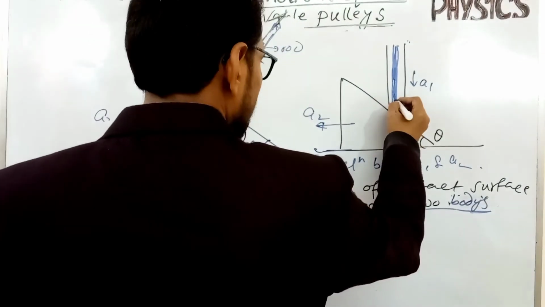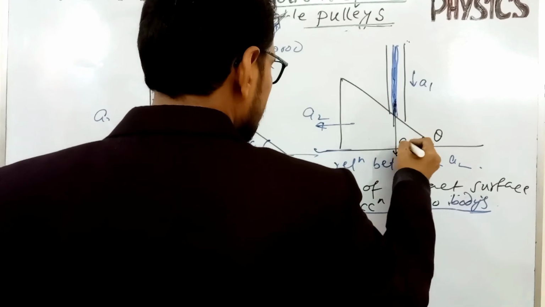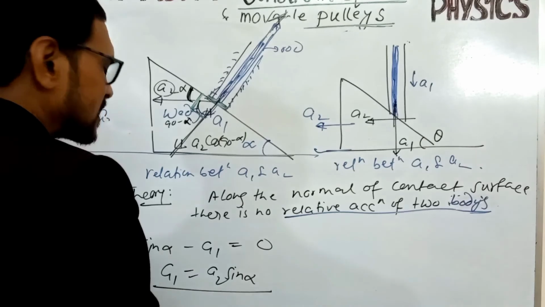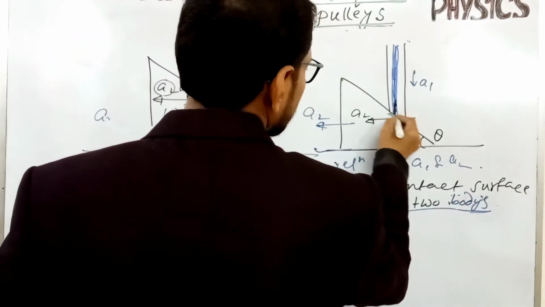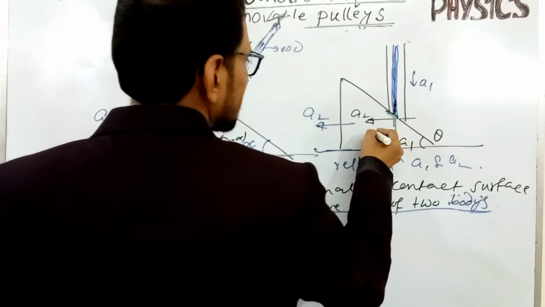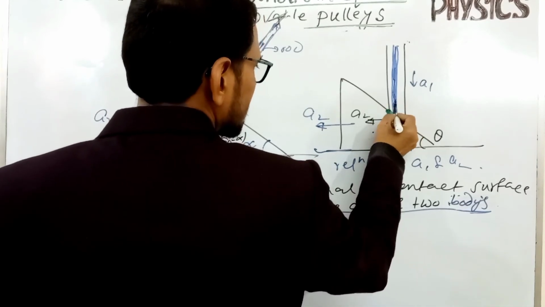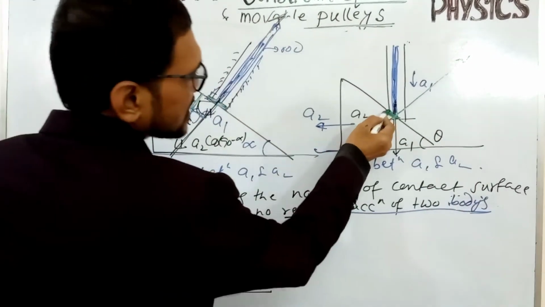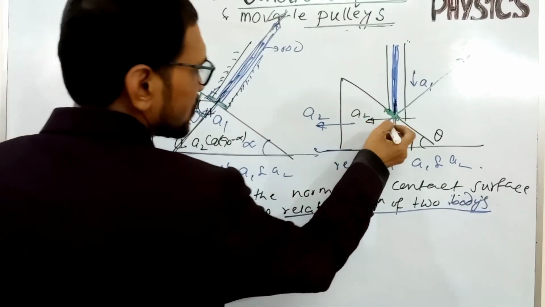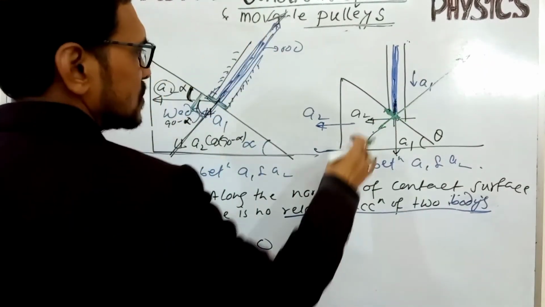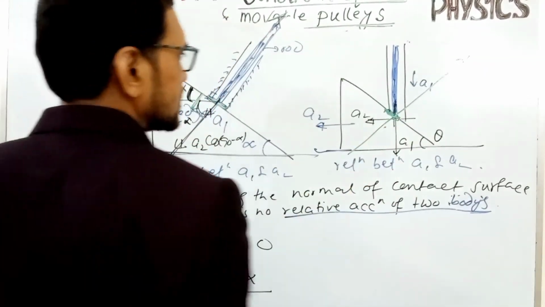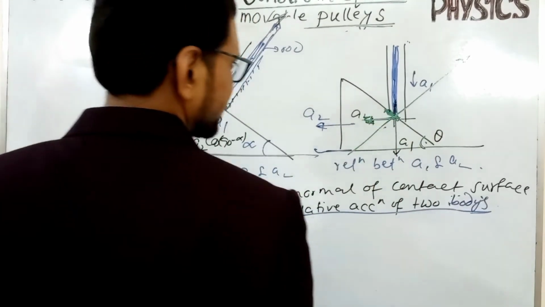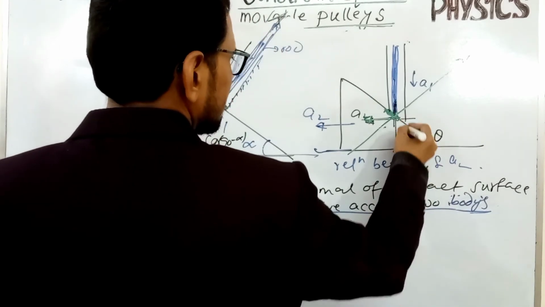If we apply this theory, we can get the relation between a1 and a2. Here the acceleration of this block is along this direction, and a2 is in this direction. Select the contact surface, and take the normal of the contact surface, that is this. If this angle is theta, then this is 90 minus theta.